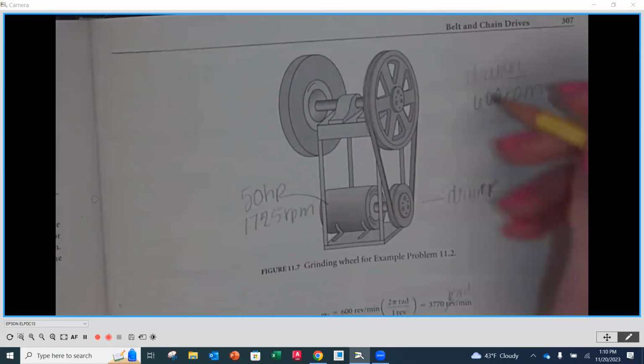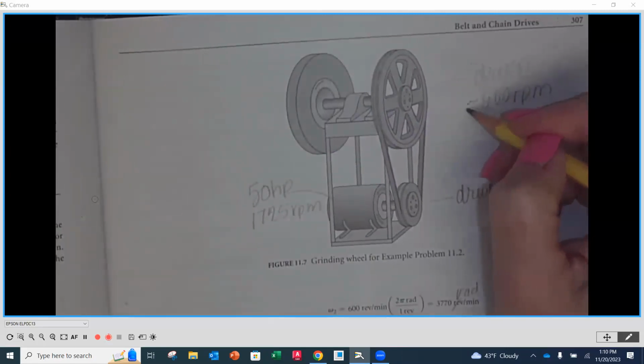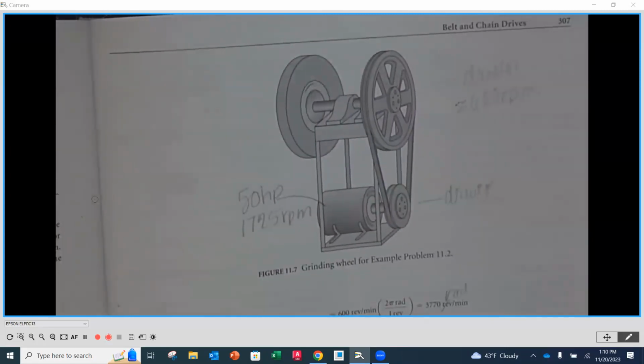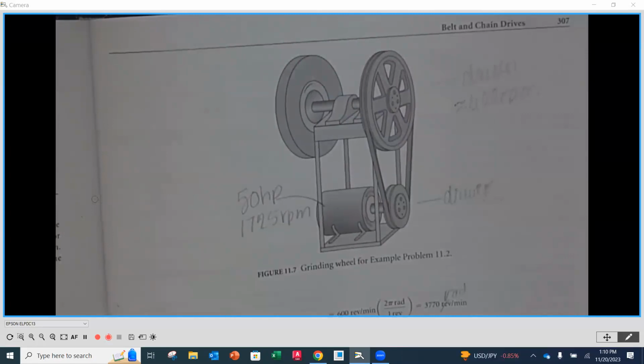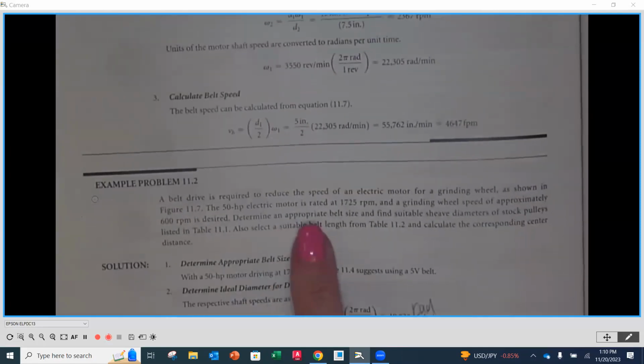I'm going to put the little wavy equals sign for approximately.